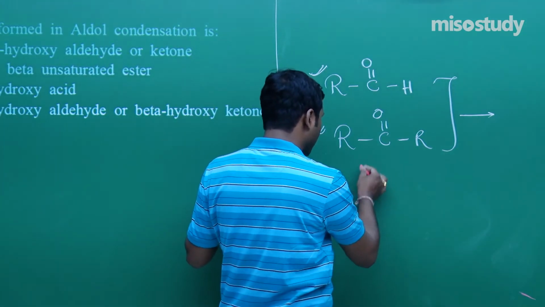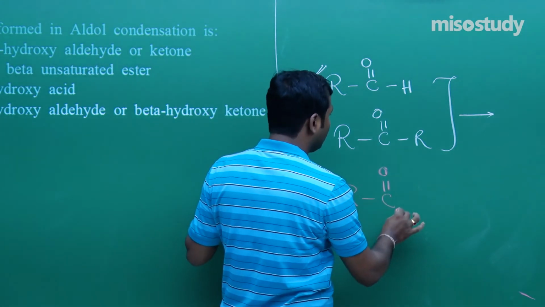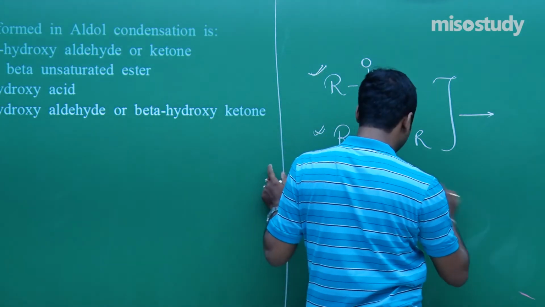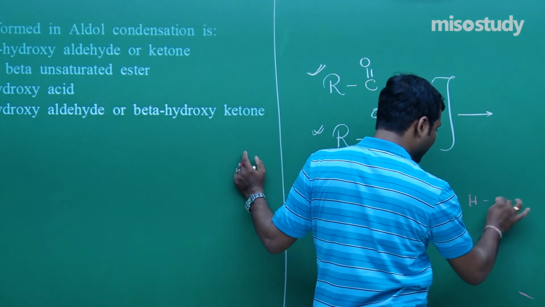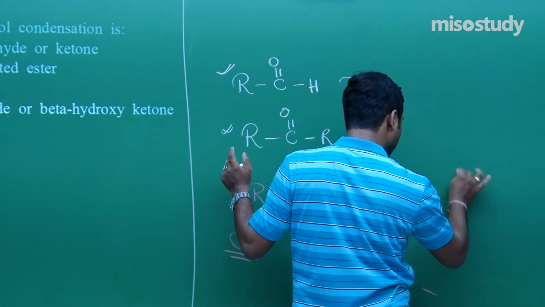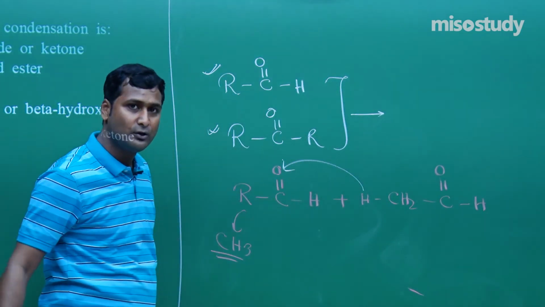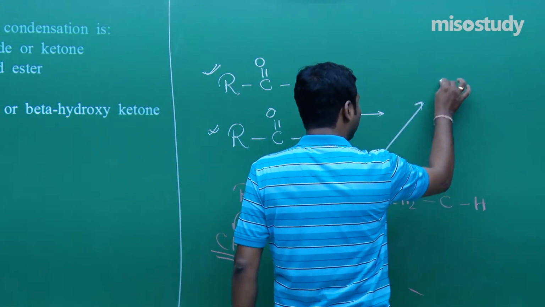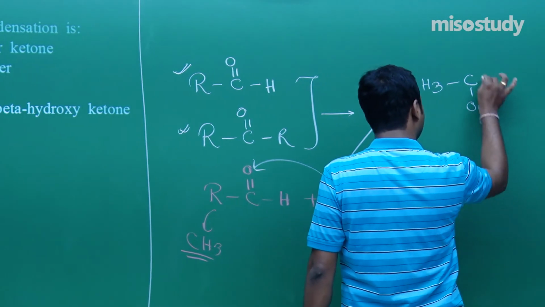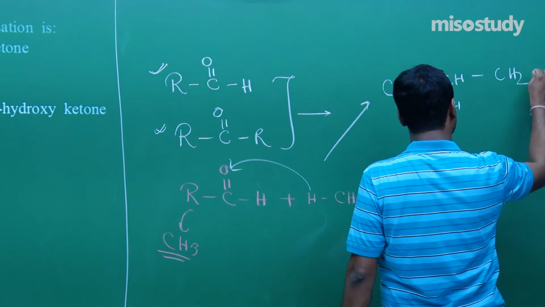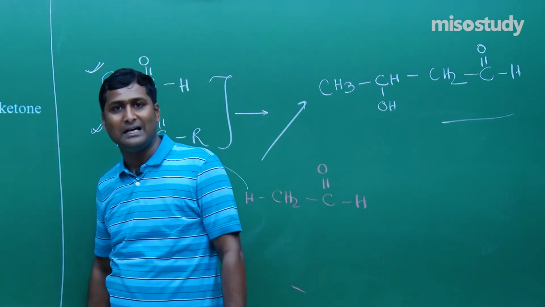If you do not remember, I am taking an example like RCHO, where R is CH3. Clear to you? So write like this, CH3CHO and CH3CHO. This will come here and give you a product, CH3CH(OH)CH2CHO, that is beta hydroxyaldehyde.